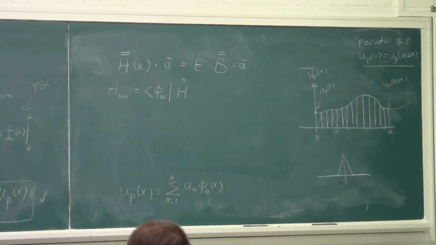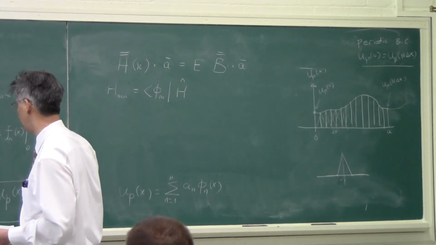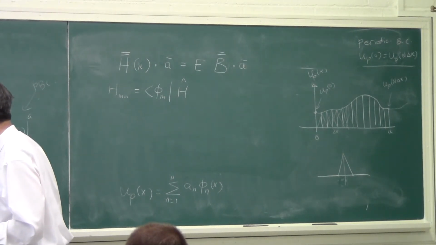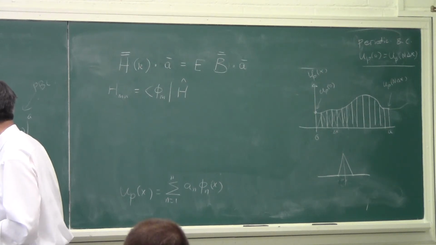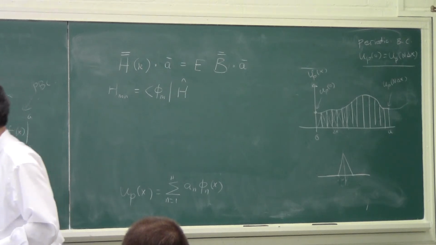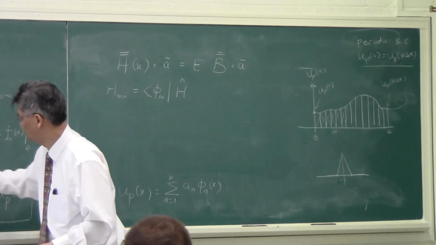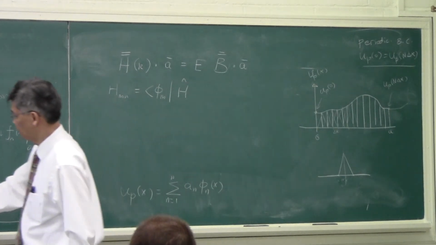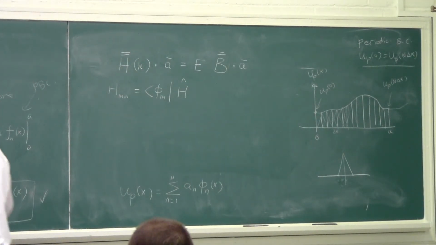If I call this operator in total H hat u_pk, the entire left-hand side of this equation, that operator will represent this first term plus this last term.